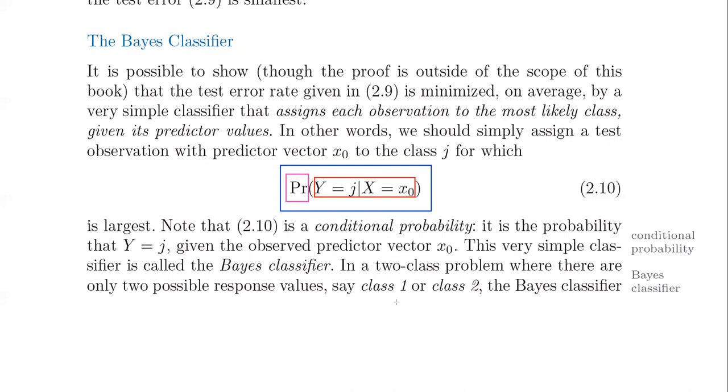J is each possible different classification. So if it's a very simple binary classification model, either goes to court or does not go to court, you will consider all the possible J's. So one of the J's goes to court, the other J does not go to court.